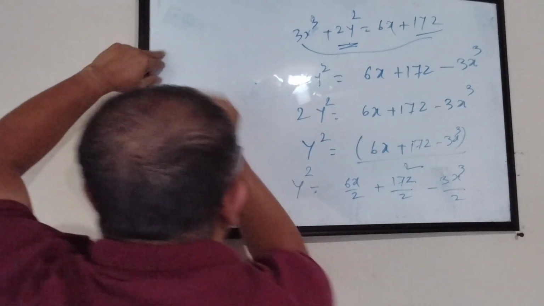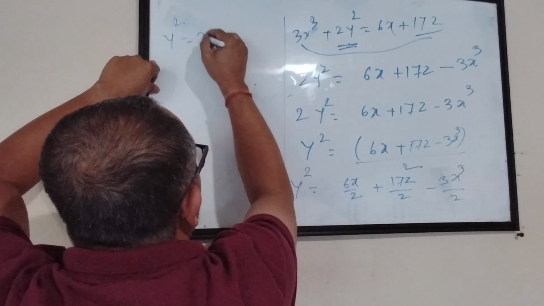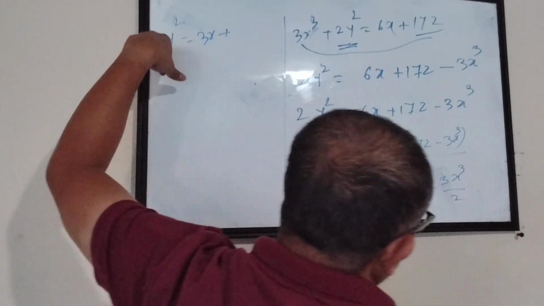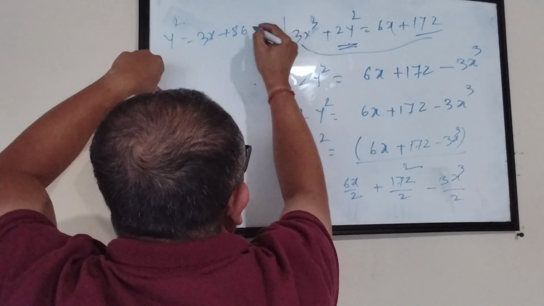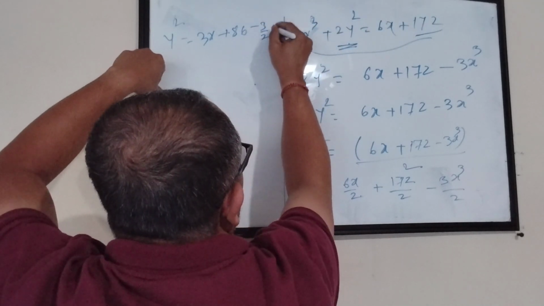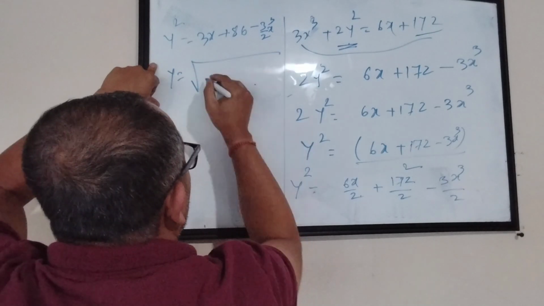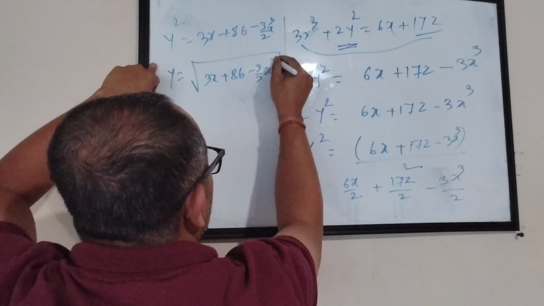That means y squared equals 3x plus 86 minus 3 by 2 x cubed. So y equals the square root of 3x plus 86 minus 3 by 2 x cubed.